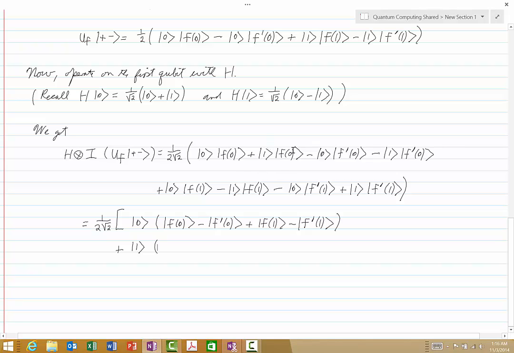Okay, so we will have f of 0 minus f prime of 0 minus f of 1 plus f prime of 1.